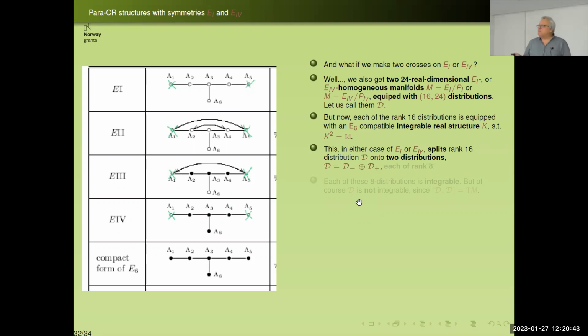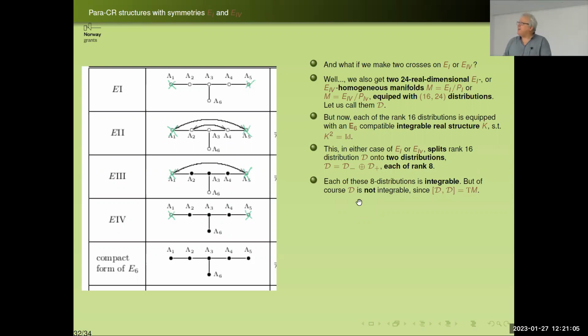Okay. But here the situation is quite interesting, because for this K, there we had a 16-dimensional real distribution and J in it. J, as a complex structure, has square minus identity, its eigenspaces are complex, right? Because the eigenvalue is plus minus i of this J on this 16-dimensional space.